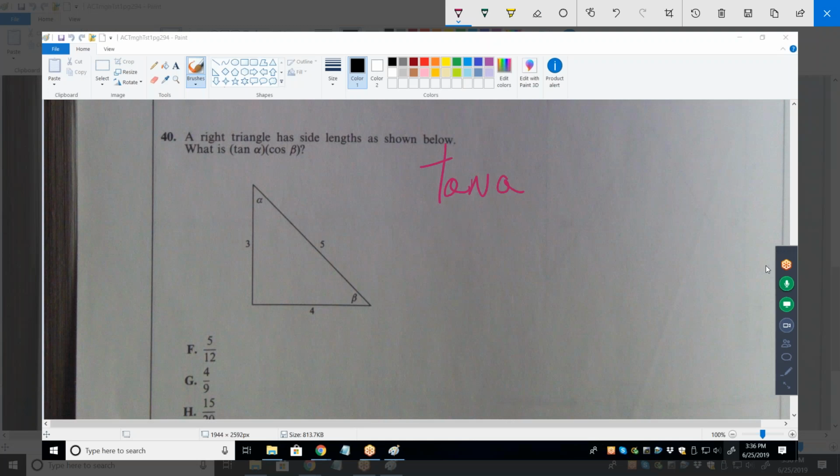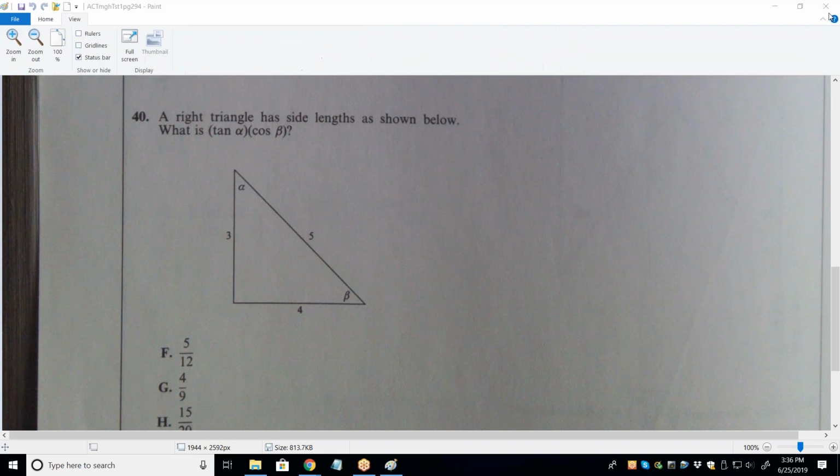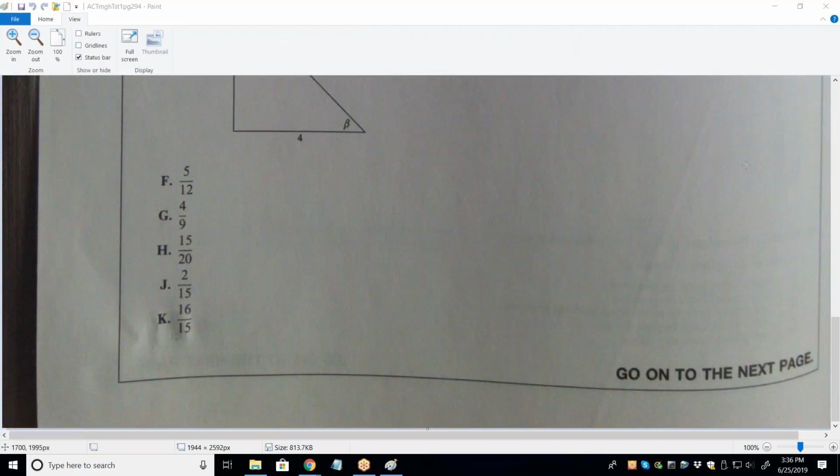The cosine of B is 4 over 5. So what's their product? That makes 16 over 15, which is answer K.